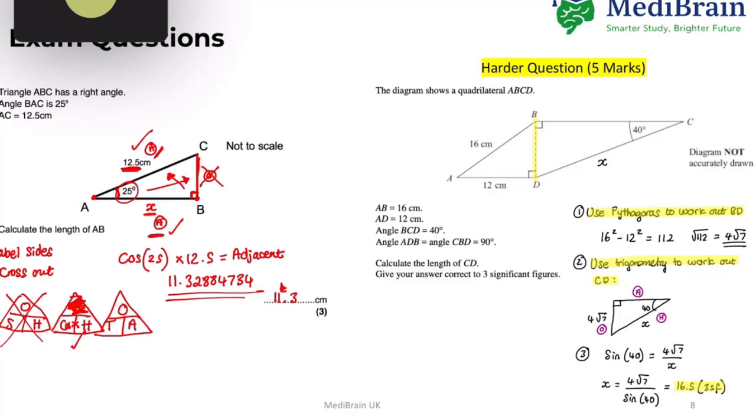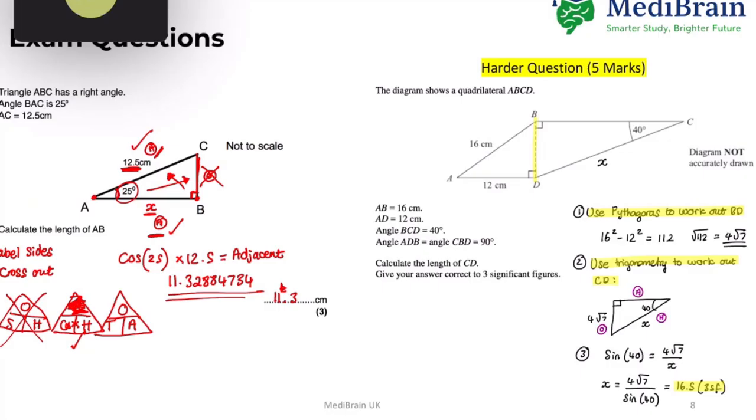Then you use trigonometry to work out CD. Okay, so remember CD is our X. I've just drawn the triangle out again. So we know the opposite is 4 root 7, what we've just worked out. And then we know the hypotenuse is our X. And then we have the adjacent.